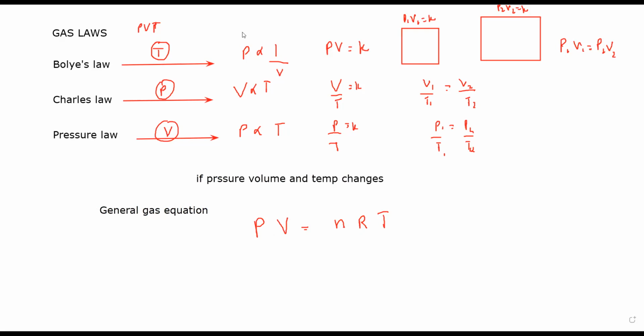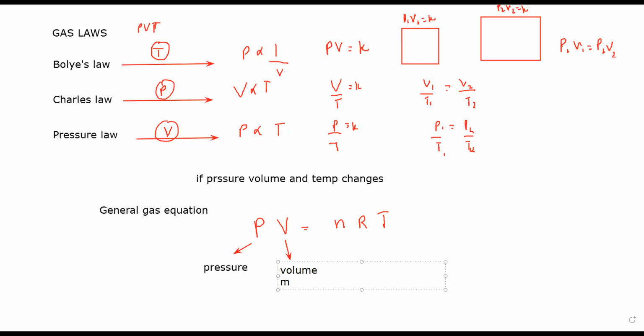where P is the pressure. The SI unit of pressure is Pascal or Newton per meter square. V is the volume. All should be in SI units.